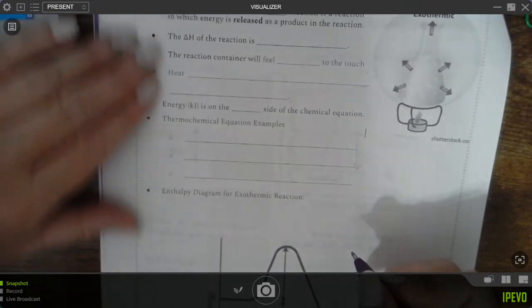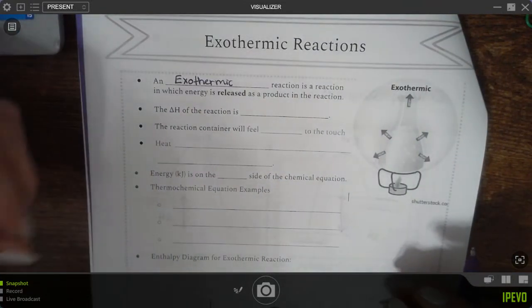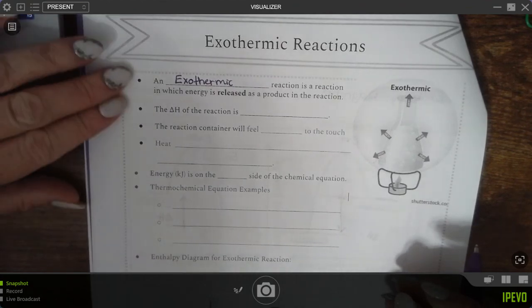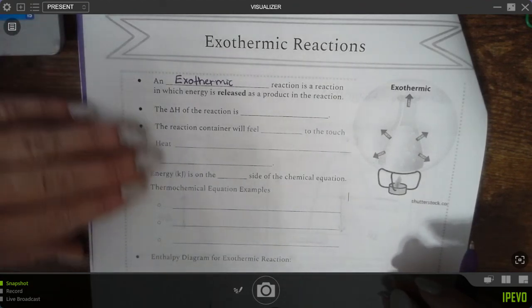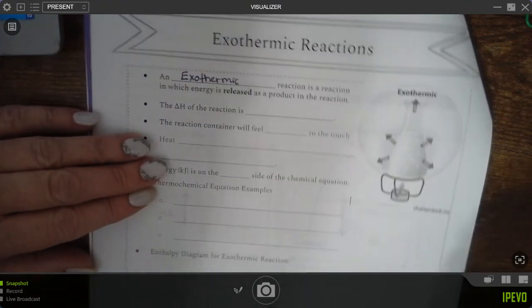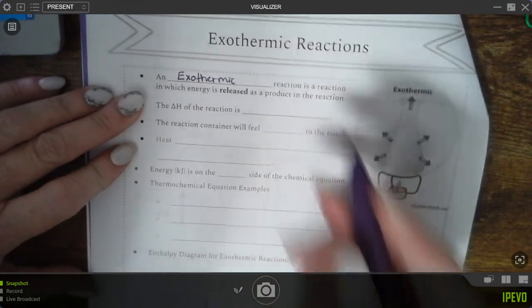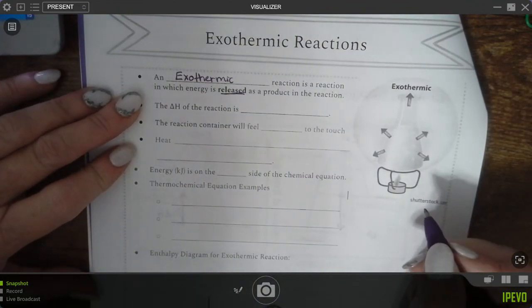This list here is a bunch of facts that you're going to need to remember. This isn't a real math heavy unit, but we do have some vocab that is going to be really important. An exothermic reaction is a reaction where energy is released as a product of the reaction.